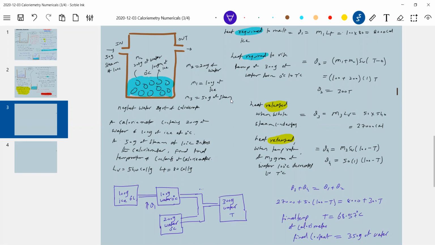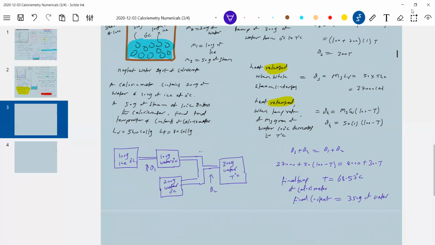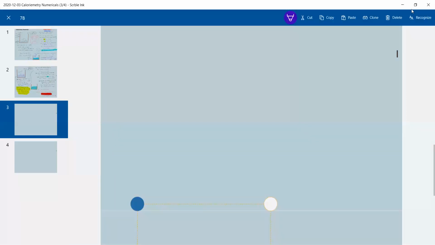For that they need heat, no? So that heat we will call Q2. Who will supply this Q1, Q2? I'll put it in next. I think it is messing up.